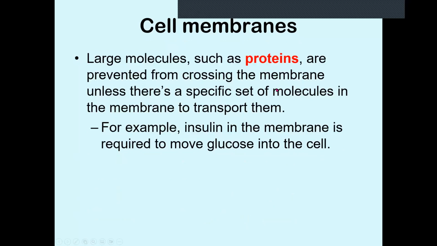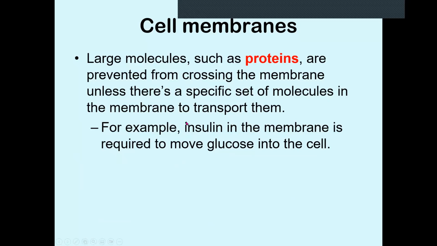So they are stopped from crossing the membrane unless there's a specific section within a particular cell's membrane, cell wall, cell membrane, I should say, where some specific molecules are allowed to be transported through.